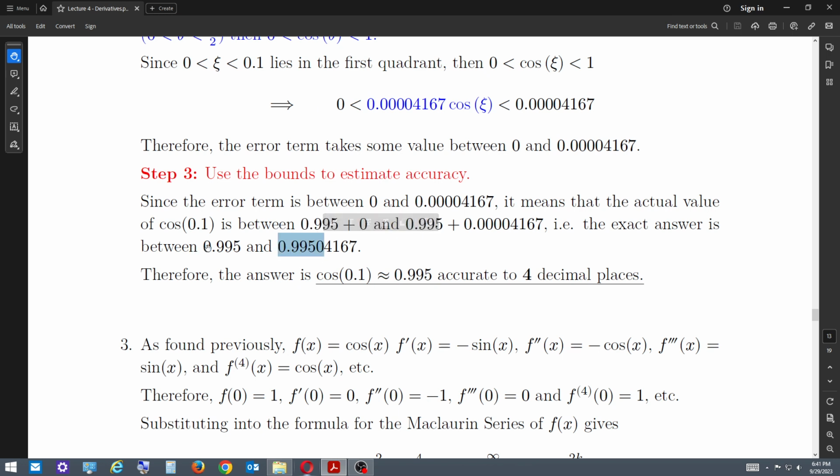Because regardless of what the actual value is, it's going to be something that starts with 0.9950, and after that 0, we don't know what it is, but we know that it starts with 0.9950, so we know the accuracy to 4 decimal places. Right? And in my opinion, that's the simplest way to determine what your accuracy is and what your estimate is.